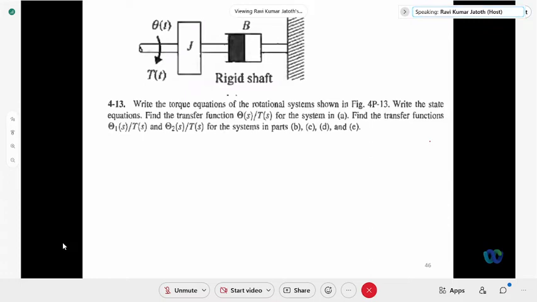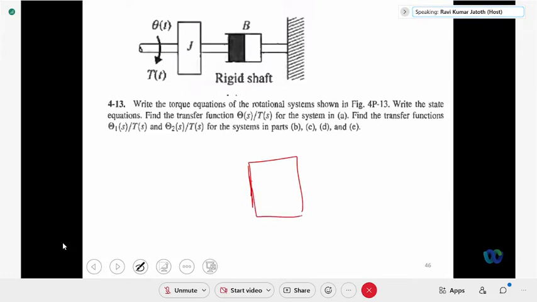So now we have to draw the free body diagram around the moment of inertia. So here you have the shaft, right? The torque is in this direction, T(t), and the angular displacement is also in this direction, theta(t), right?